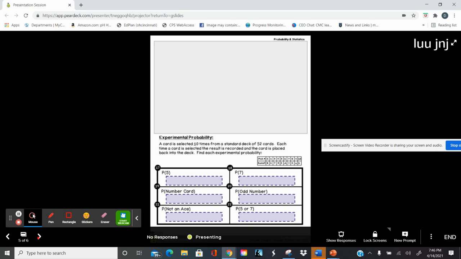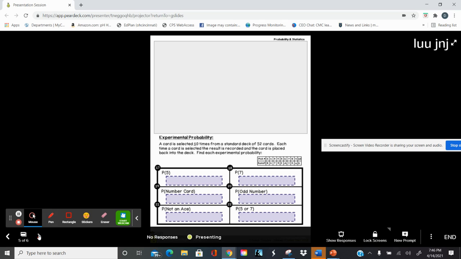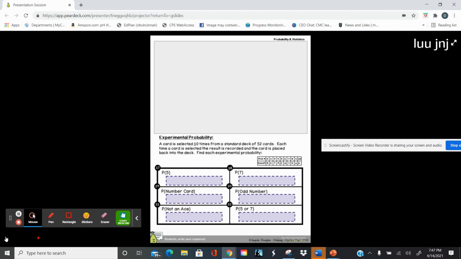Okay. So I actually wanted to talk about experimental probability, but from the aspect of a deck of cards. And the reason I wanted to go ahead and go over it now is because we actually are going to utilize a deck of cards sometimes in order for us to figure out some of the probability questions that we have.